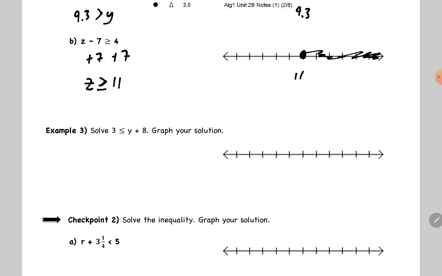All right, let's do some more. I'm going to subtract 8. So I have negative 5 is less than or equal to y. I have negative 5 here, and we have a closed dot, and it says negative 5 is less than or equal to y. That means y is bigger than or equal to negative 5.